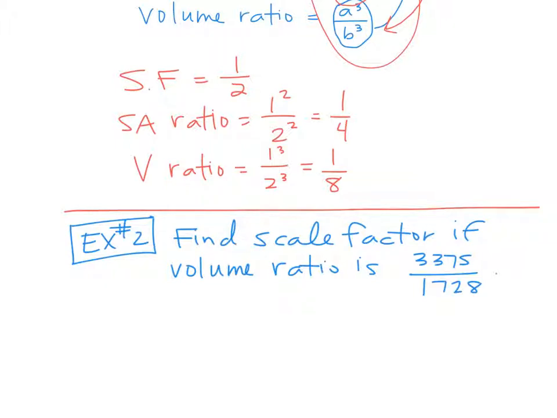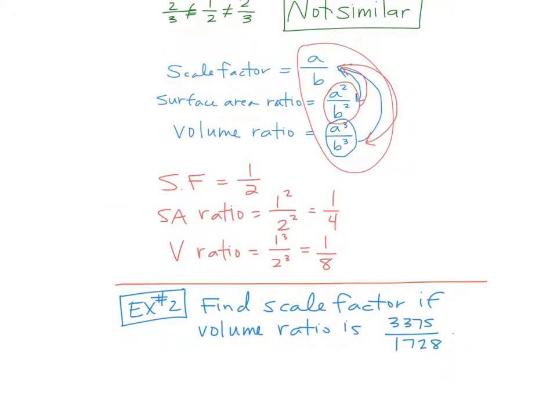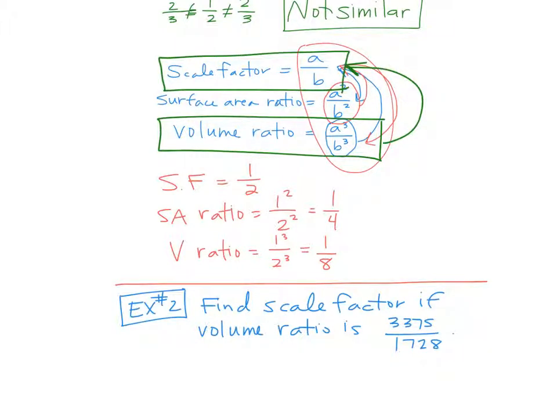Okay, so that is a volume ratio. How do I get to a scale factor? If I'm at volume, if you think up here, we're at volume, we need to get to scale factor. You would cube root it, okay?